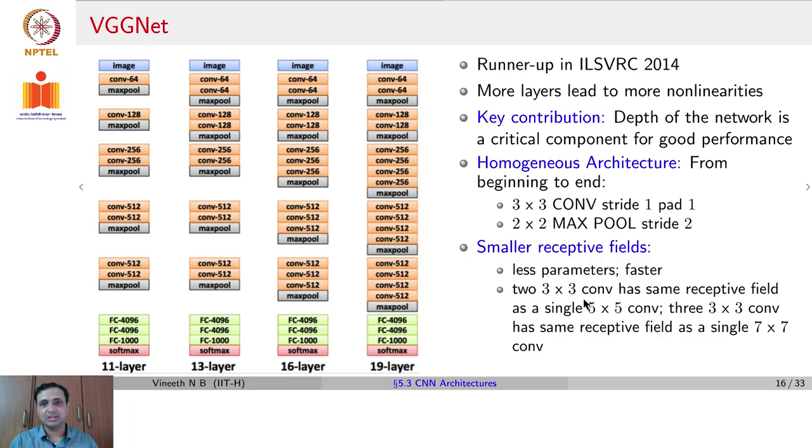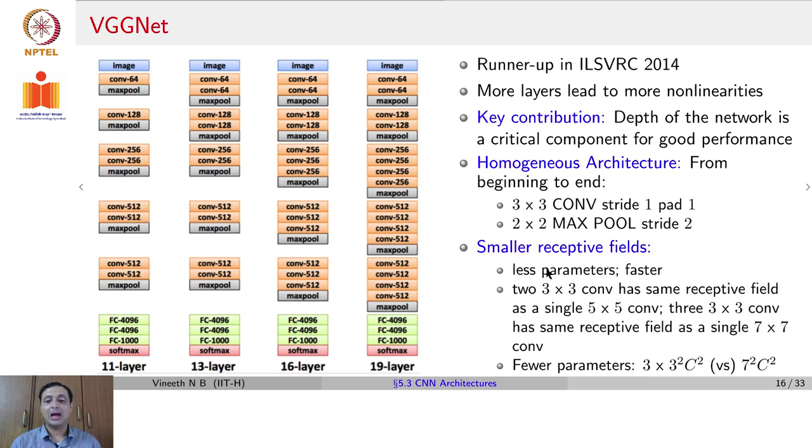Rather, two 3 cross 3 convolutions have the same receptive field as a single 5 cross 5. Similarly, three 3 cross 3 convolutions have the same receptive field as a 7 cross 7 convolution, and so on and so forth. Rather than trying to keep filter sizes like 11 cross 11 or 7 cross 7, they argued that they could always keep the filter size as 3 cross 3.